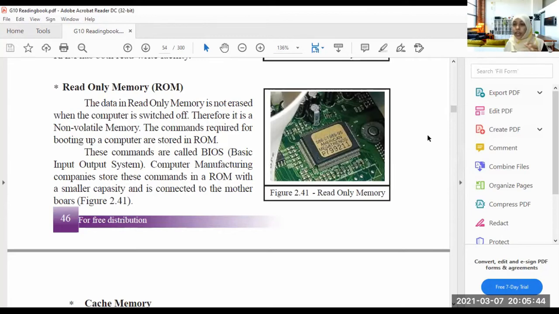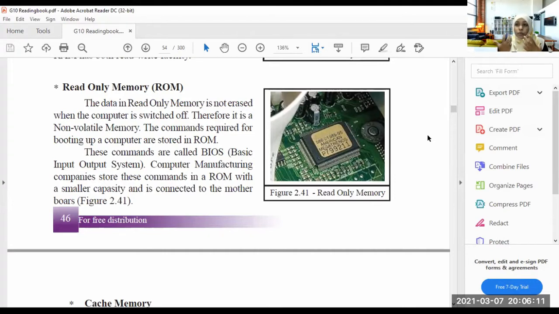Booting system means the operating system is booting to the RAM and then it starts working. Okay, so here the booting is done, or the commands required for booting up a computer, whatever commands are required to boot up the computer, are stored in the ROM.